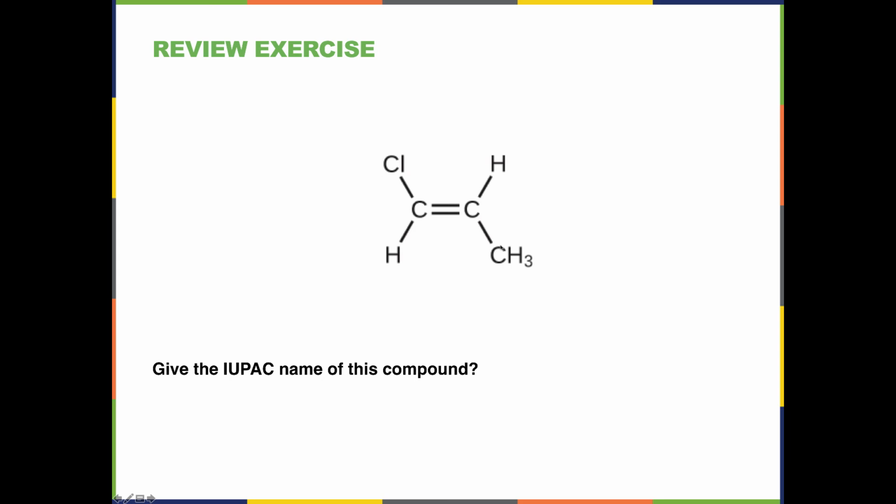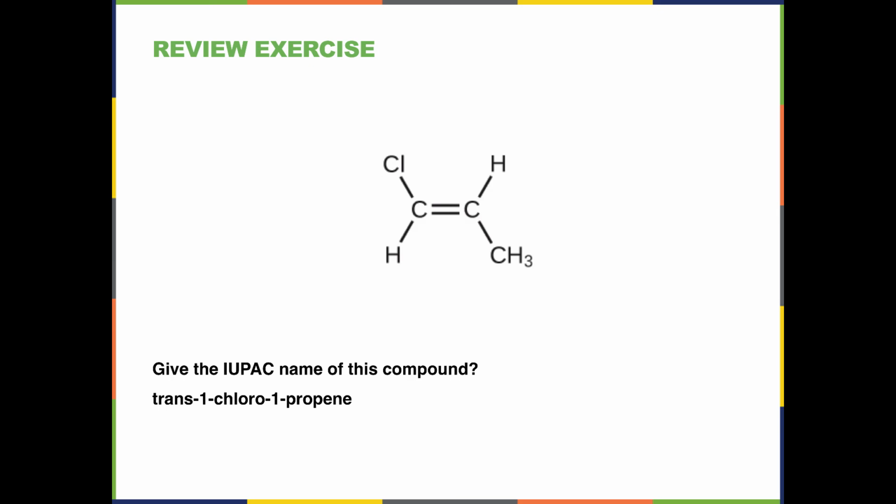Now the question here, and it's interesting what the answer will be, is this could be a geometric isomer. Remember, what's the difference between if it had the chlorine here as opposed to down here? So it's trans chloropropene. Trans chloropropene.